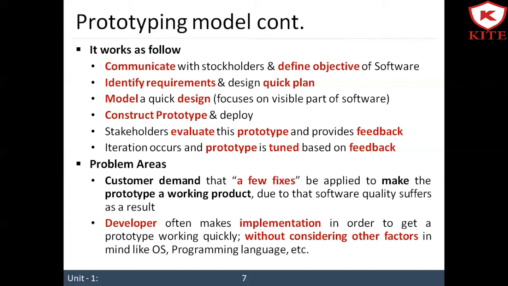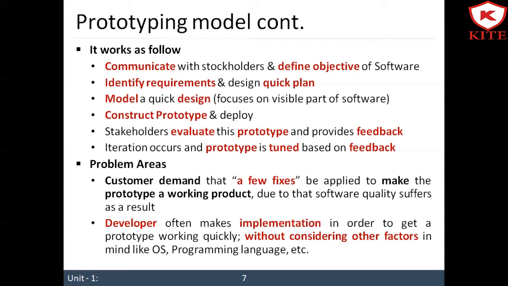When informed that the product must be rebuilt so that high levels of quality can be maintained, the customer cries foul and demands that a few fixes be applied to make the prototype a working product. Too often, software development management relents. So, the first problem is customer demand for a few fixes after deployment.